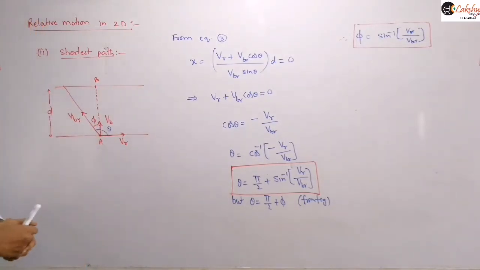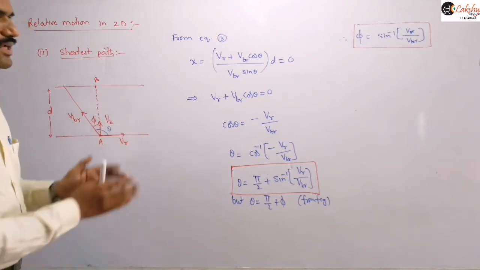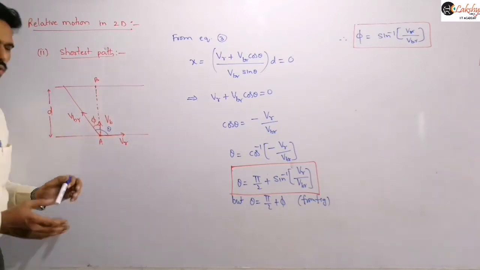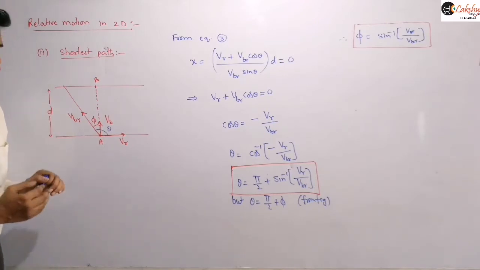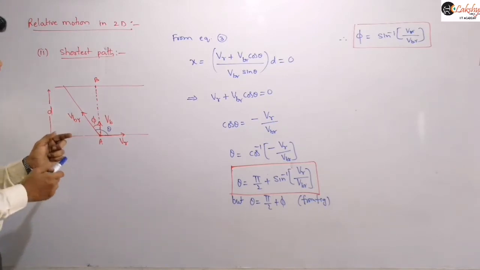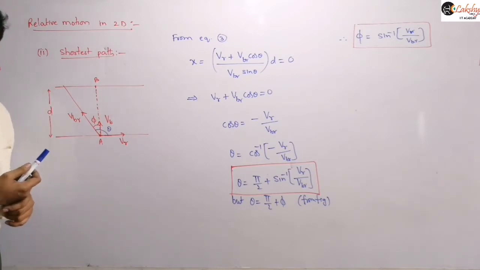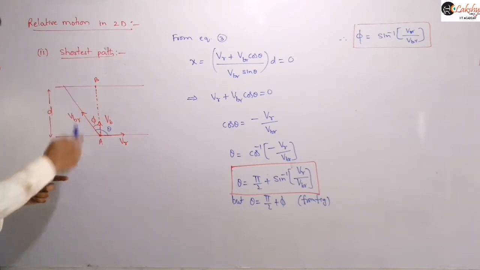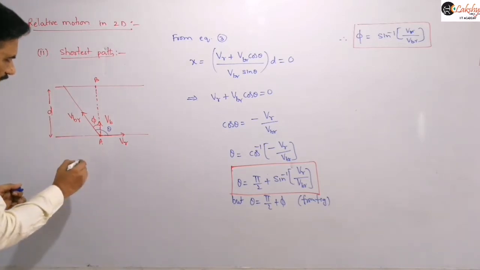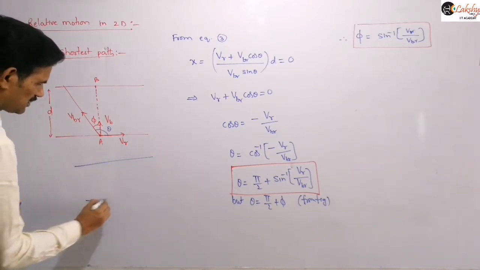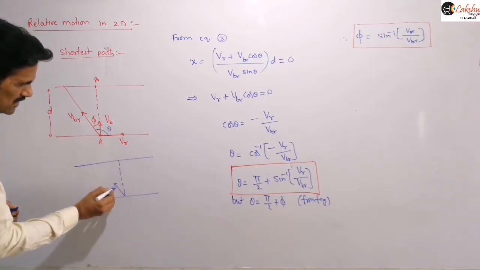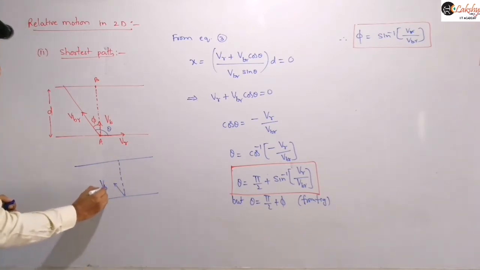So let us see this diagram now. Instead of doing all this calculation, you can directly write the sin phi value here. What our conclusions are: when the boat has to reach the directly opposite point, the velocity of the boat with respect to the river should be along this direction. That means when the boat is starting its journey like this, our VBR is along this direction.